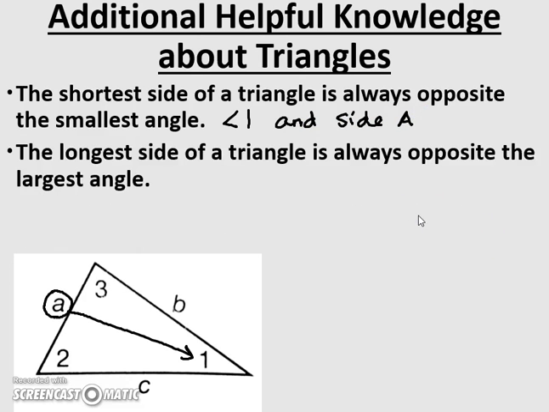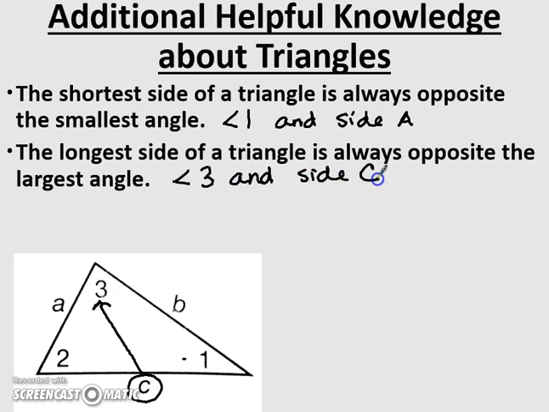The longest side of the triangle is always opposite the largest angle. So if we look for the longest side of this triangle, which one seems to be the longest? Side C seems to be the longest. So look opposite of it, angle 3. So angle 3 and side C are the longest.